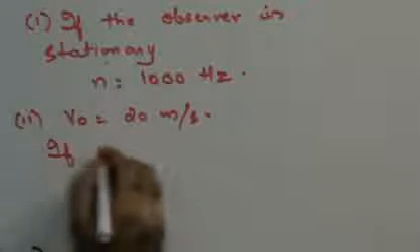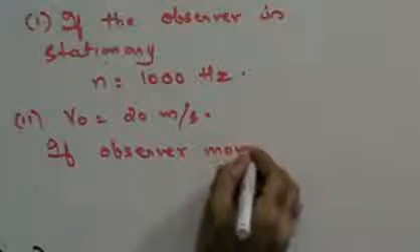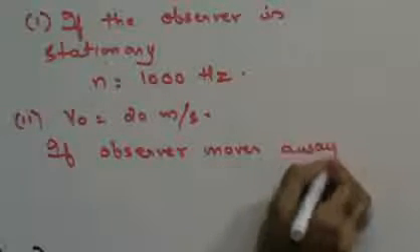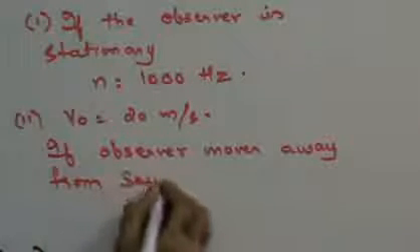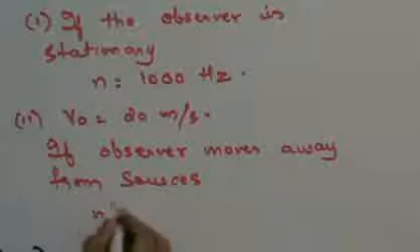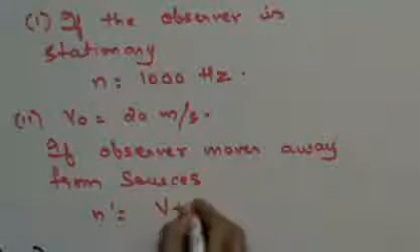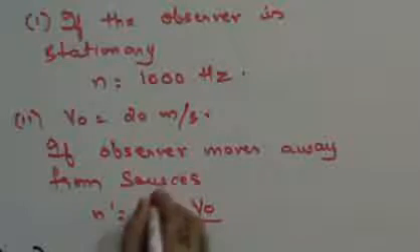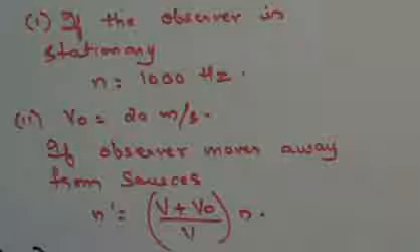Second part of the question, the observer's velocity is 20 meters per second. If the observer moves away from the source, then the apparent frequency that he will hear is V plus V0 upon V into N. You have all the values, you can substitute and get the answer.